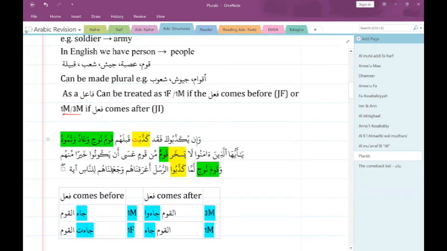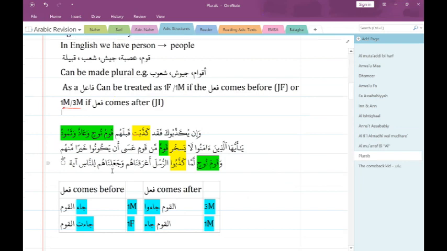So let's say you're looking at a jumla fi'liya. If you're looking at a jumla fi'liya, that means the fi'il came before and then the fa'il came after. That's the structure we remember from a jumla fi'liya. Fi'il, fa'il, maf'ul, muta'alliq. So you have the fi'il and then you have the fa'il. If that is the case, and one of these words is the fa'il, then you can treat the fi'il as singular feminine or as singular masculine.